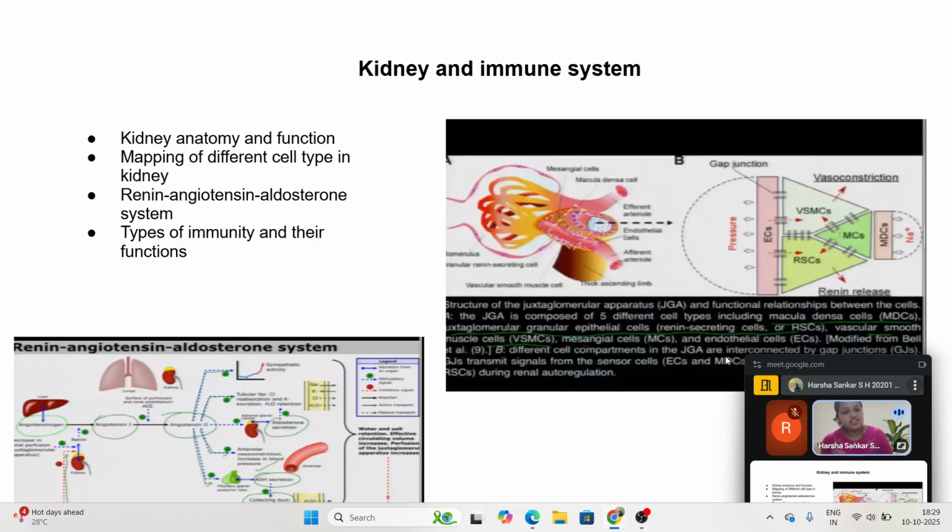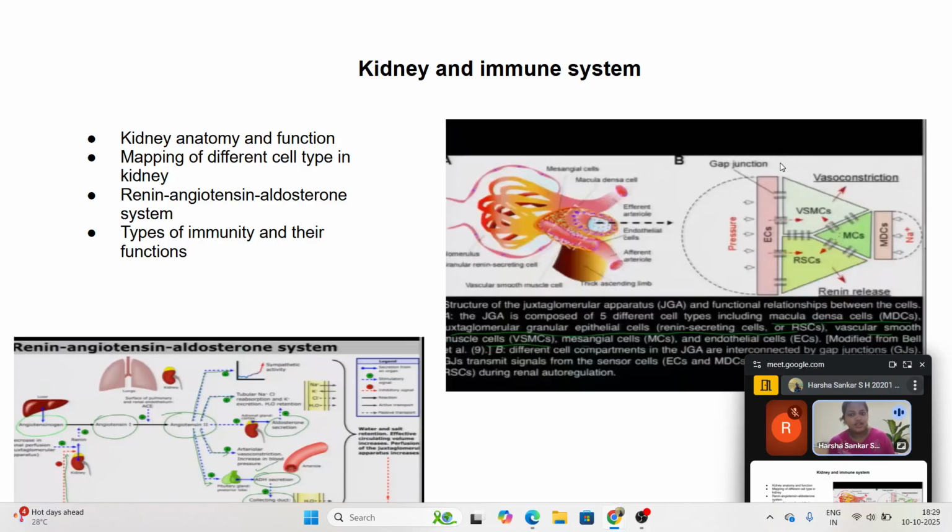Then there are vascular smooth muscle cells, mesangial cells, and endothelial cells. So you can see endothelial cells, vascular smooth muscle, renin secreting cells, all these are there. This is the JGA system, which activates in a coordinated way for blood pressure regulation. So that is about the kidney and immune system.